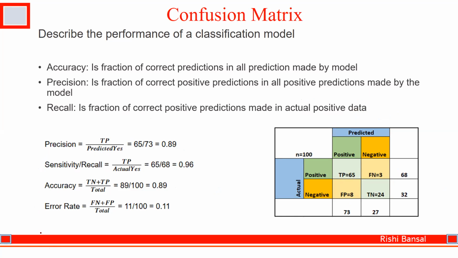In short, one thing I will tell you. But Rishi ji, in precision, if we take TN divided by predicted no, then also it's coming near 89 only. If you divide 24 divided by 27, it's also coming the same thing.